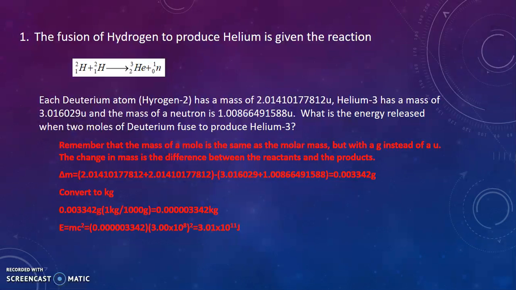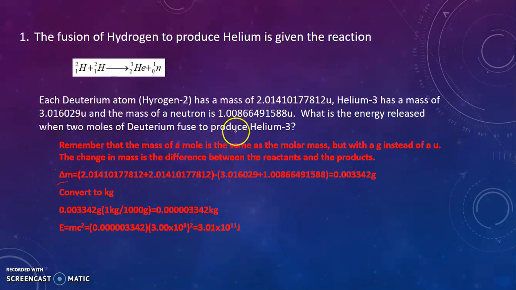So this is going to piggyback on some of the earlier lessons in this module. Remember that the mass of a mole is the same as the molar mass, but with a G instead of a U. The change in mass is the difference between the reactants and the products. So we have to find the change of mass first.